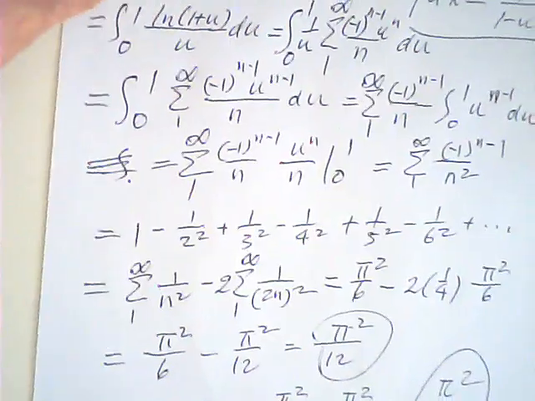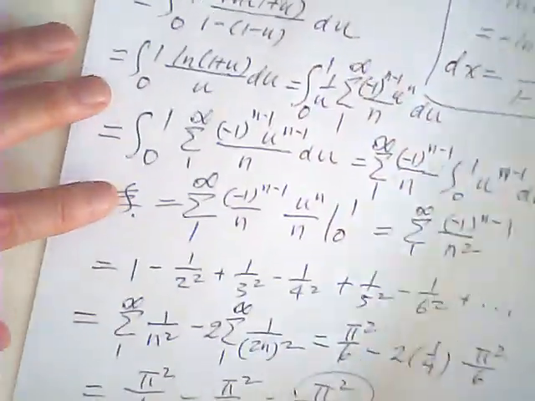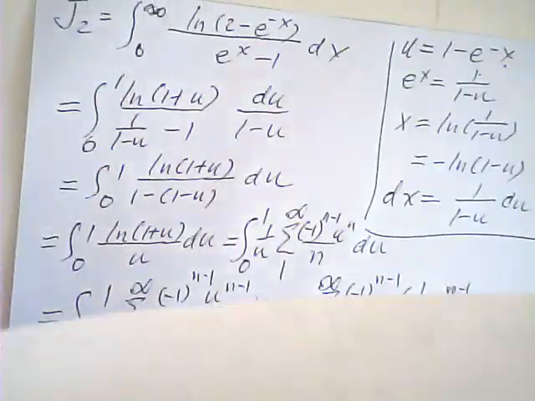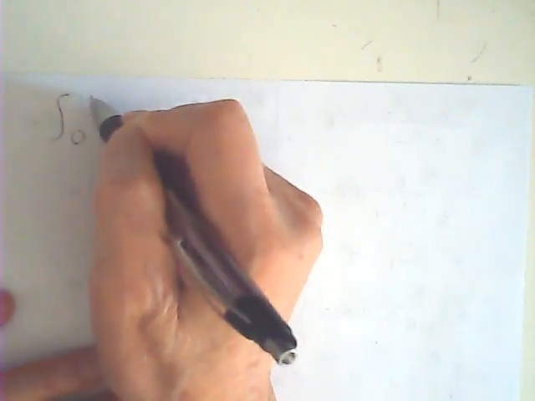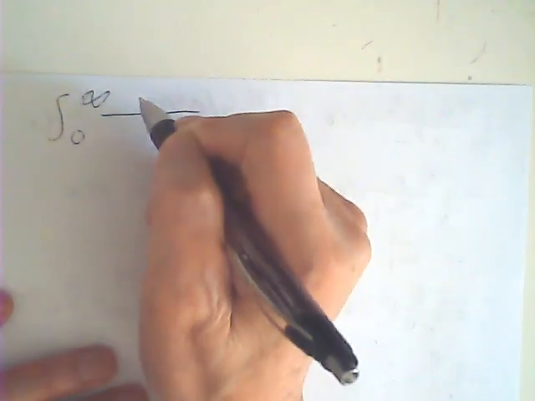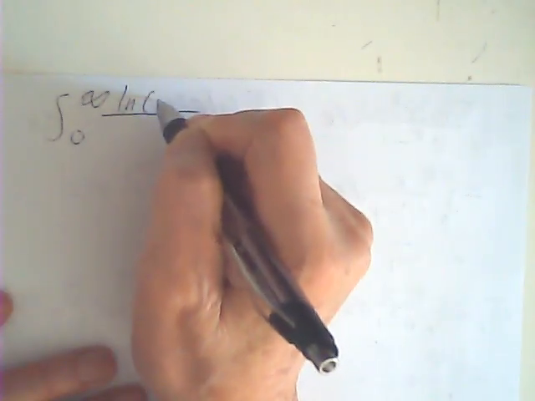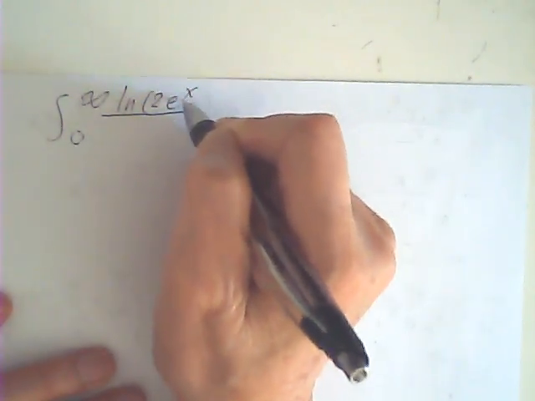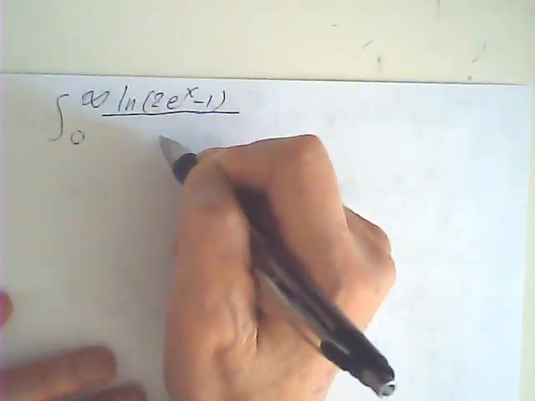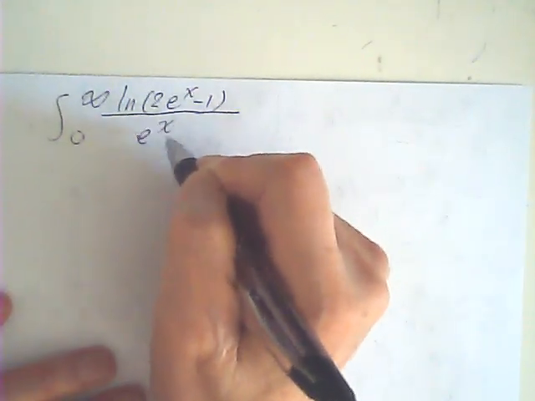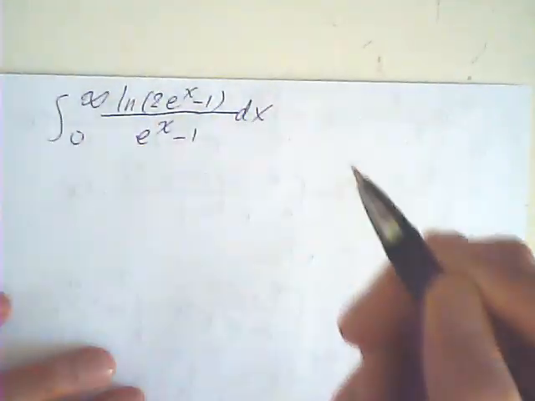Now then, let me do method 2. The integral is this, right? 0 to infinity, natural log of 2 e to the x minus 1, over e to the x minus 1, dx.